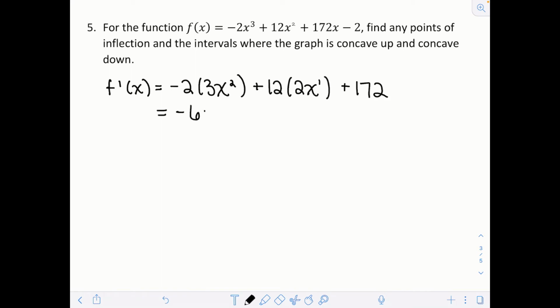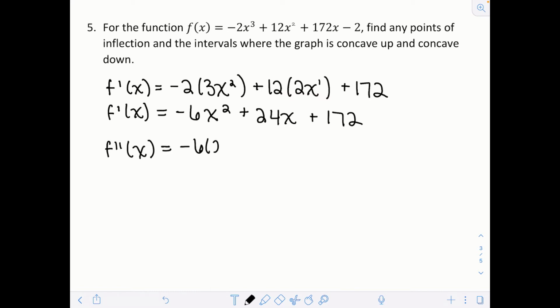And before we take the second derivative, we'll go ahead and simplify this first. Now we can take the second derivative, which is just taking the derivative again. Okay, once you get to this point, we want to set it equal to 0 and find where it's equal to 0.